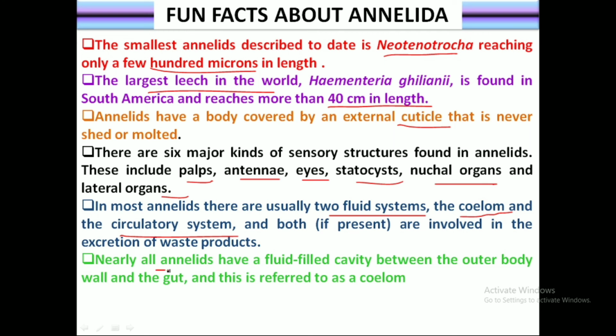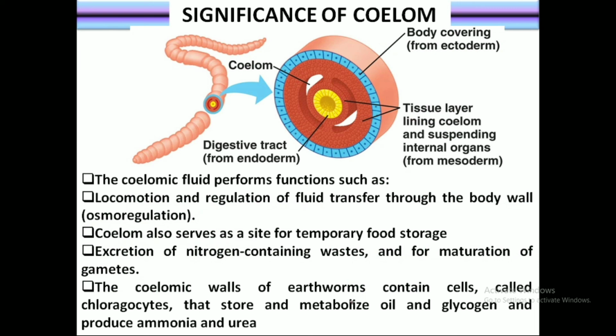Now, all annelids have a fluid-filled cavity which separates the outer body wall and the gut, and that is known as the coelom. So the coelom is one of the greatest advantages to an annelid, because it performs various functions such as locomotion, regulation of fluid transfer, and osmoregulation.